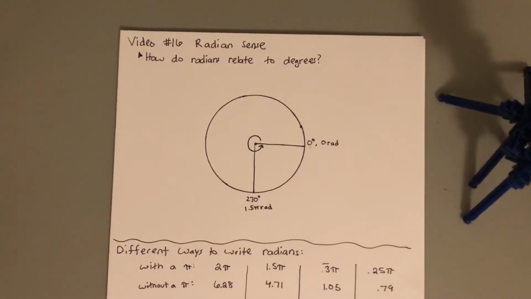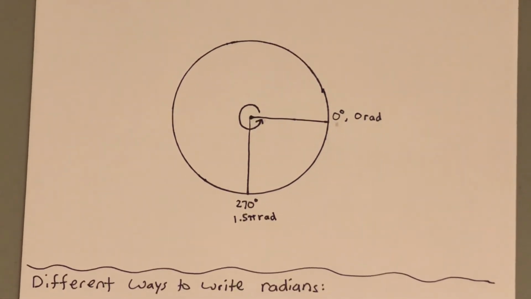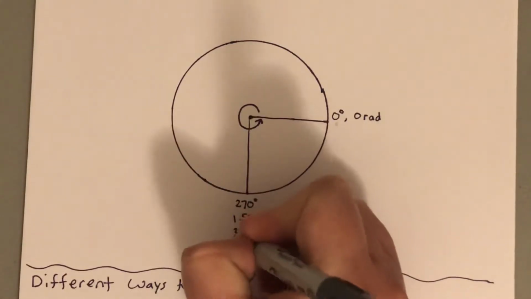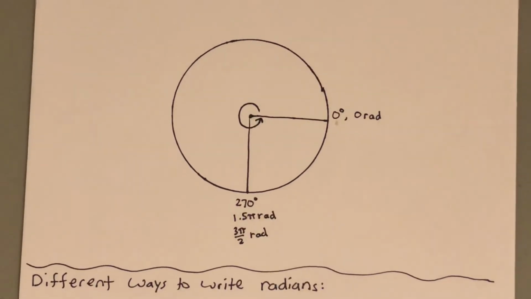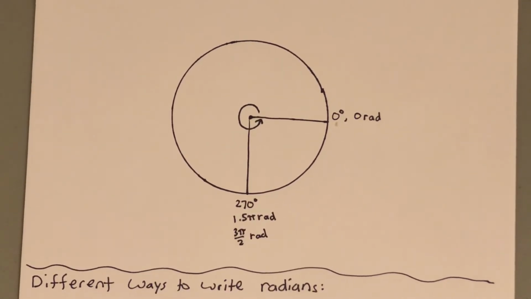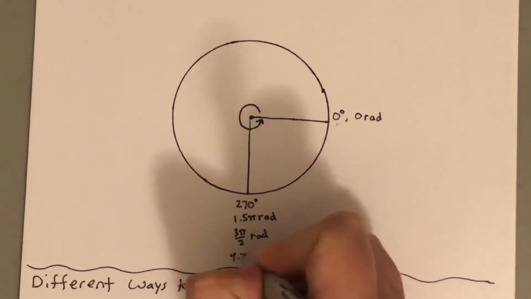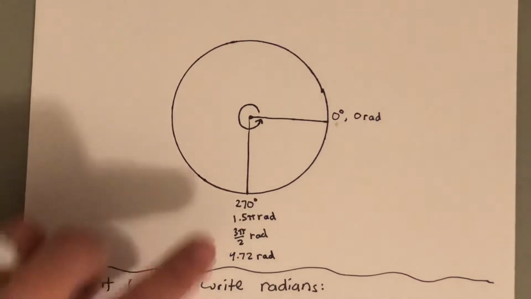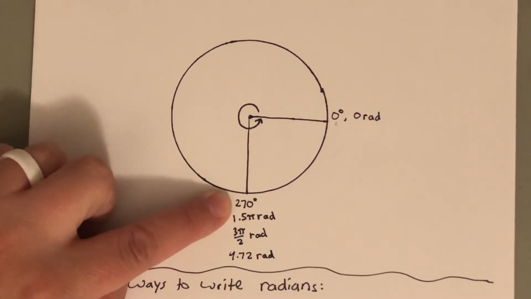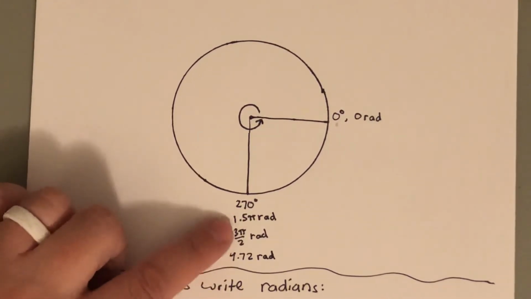Let me zoom in on that. I'm also going to write that as a fraction, 3 pi over 2 radians. And I'm also going to multiply that out. If I take pi and multiply it by 1.5, I get 4.72 radians. So here's the degree measure, 270 degrees, and that's the same as 4.72 radians, or you might see it written either of these two ways.